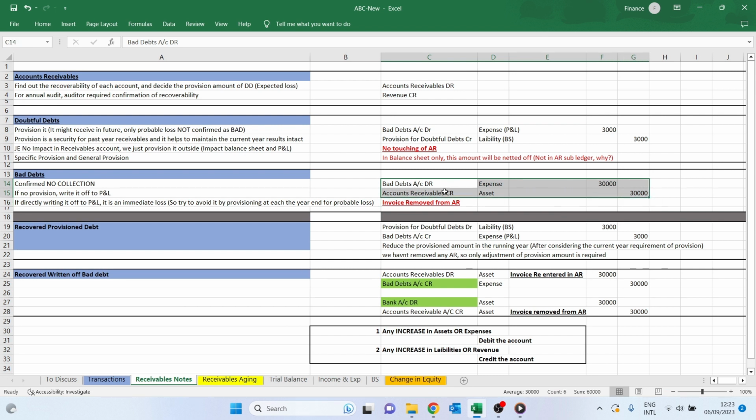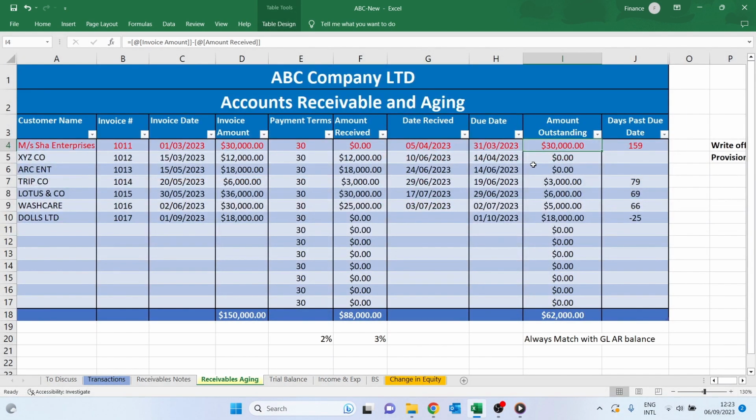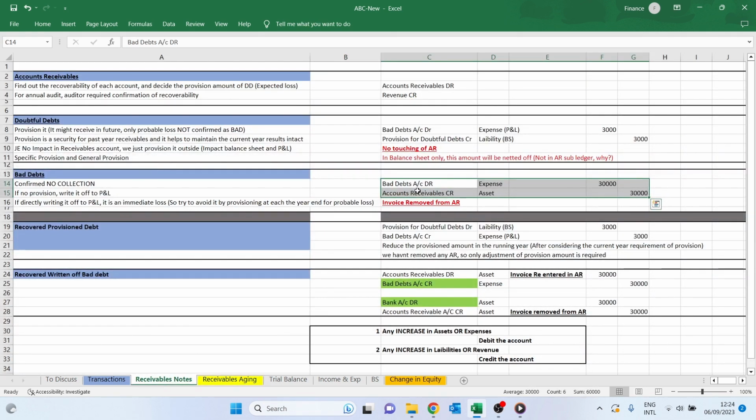So if you enter in an ERP, it will automatically get removed from the aging. So here, since we are doing it manually, just let us remove this because we have credited this amount. So we have removed that amount from the accounts receivable also. So you don't need to do this if you are doing it in the system. Once you pass this entry, once you credited accounts receivable, that concerned account, it will get removed definitely, right?